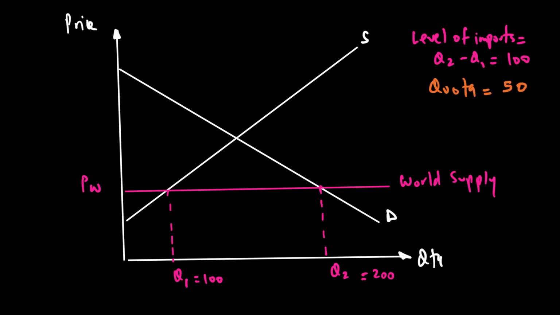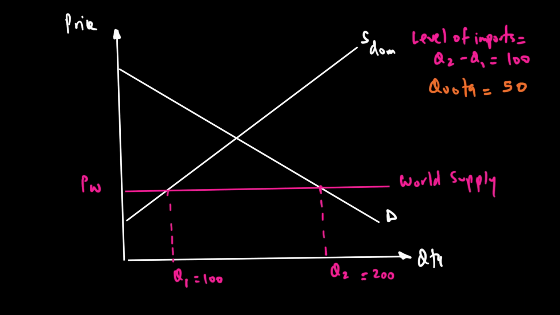A quota of 50 means no longer will there be unrestricted supply, but only domestic producers will produce. Let me write this as S domestic, plus some quota will be allowed. So this is no longer my world supply, no longer am I importing 100 units of this, but I'm going to import only 50, and therefore this domestic supply will now be shifted to the right by 50.